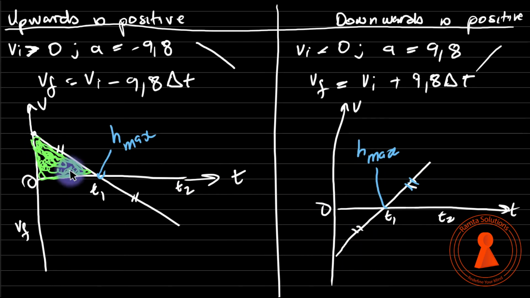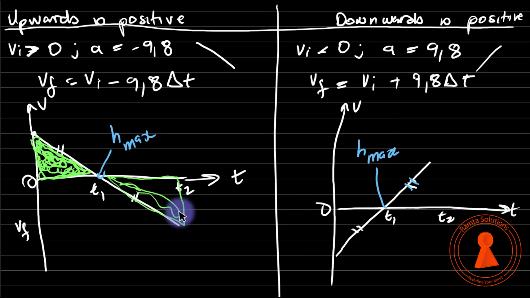Now if they ask you what is the displacement, you will say this portion here minus this portion here. This is your displacement. But if they ask you the total distance covered, it is this portion here plus this portion here.